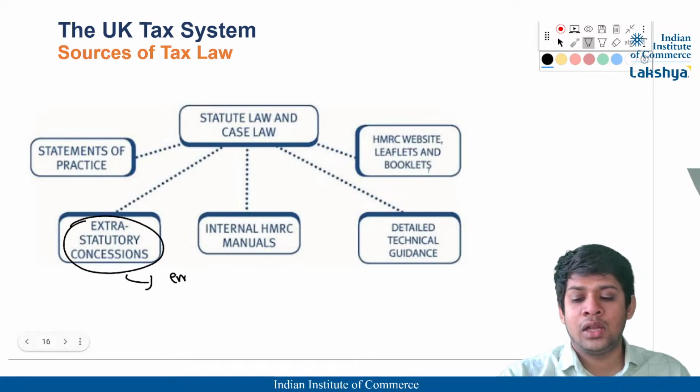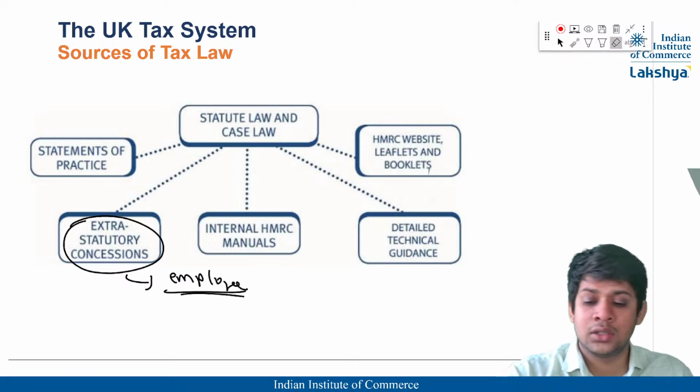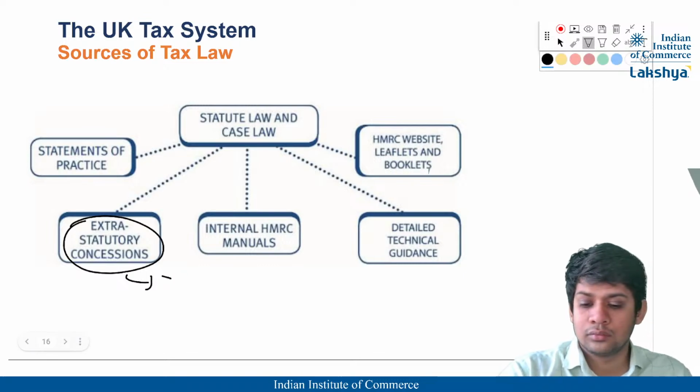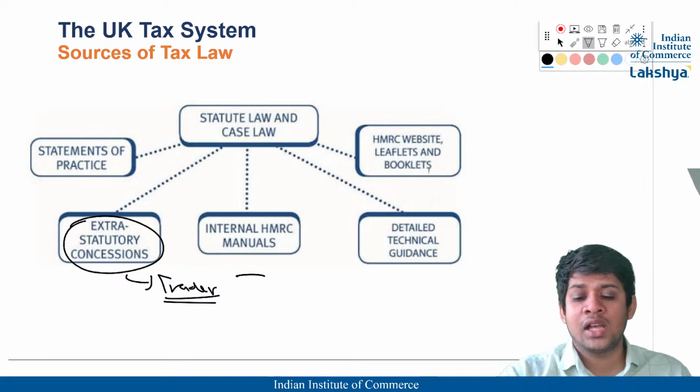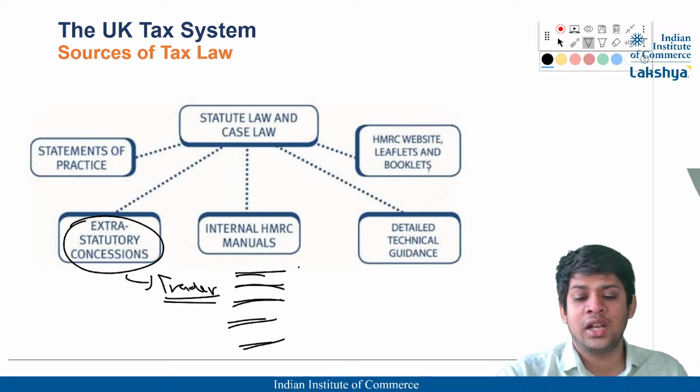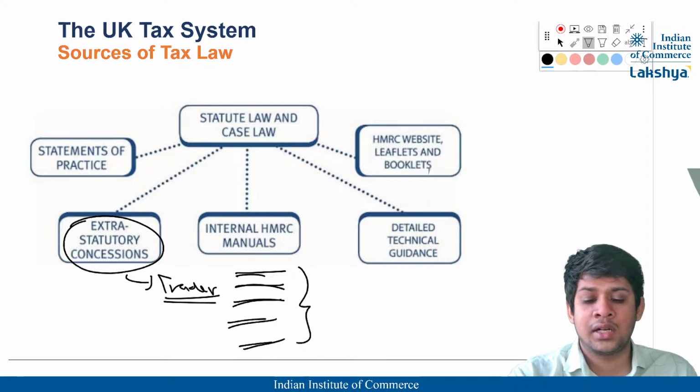Extra statutory concessions. If in case there is a trader who has just started trading, he has purchased many machineries and everything within his company recently because he has just started trading.